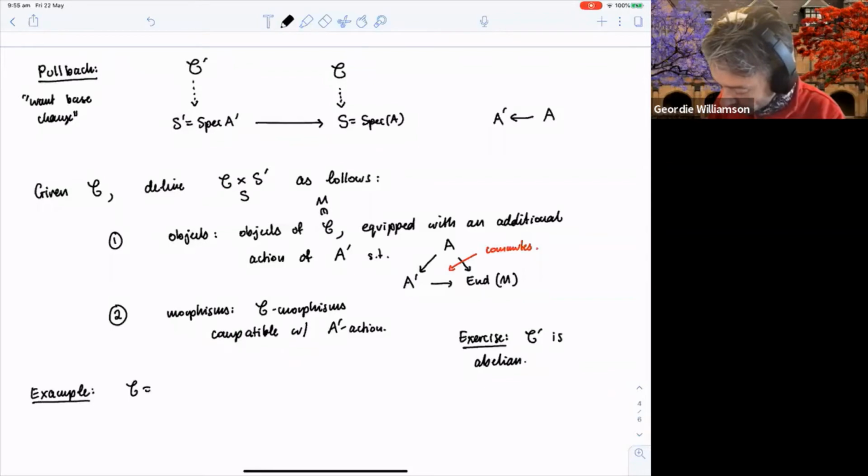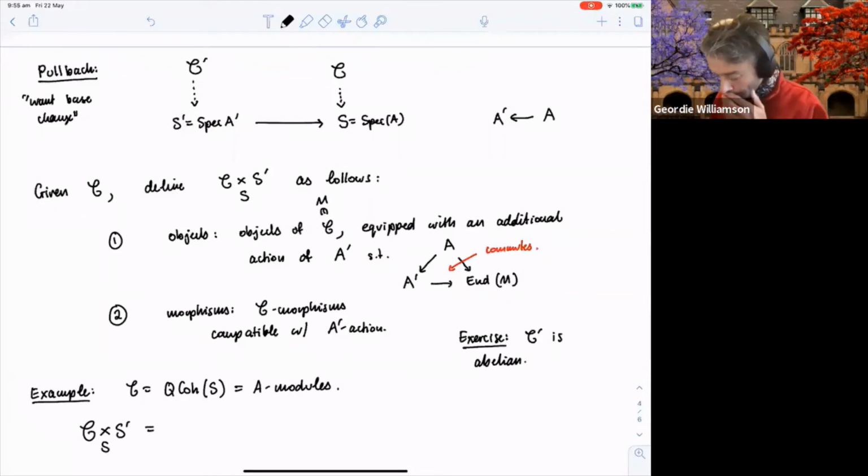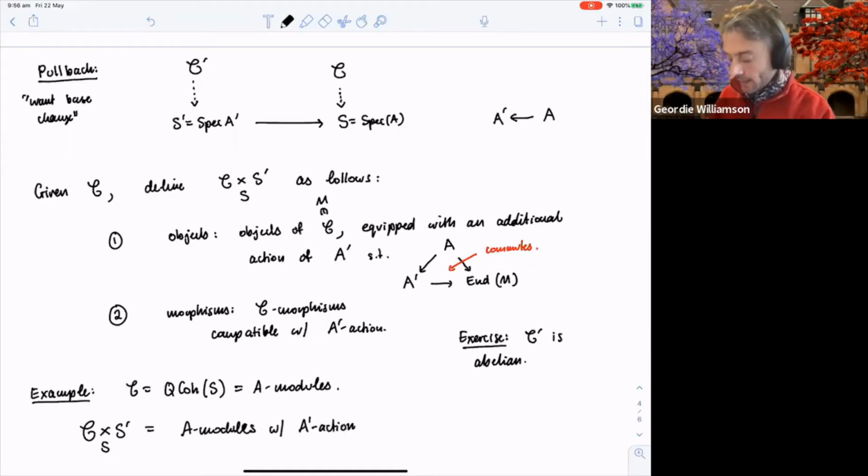If C is quasi-coherent sheaves on S, it's the same thing as A modules, then this base change is A modules with an additional A prime action, extending the A action.